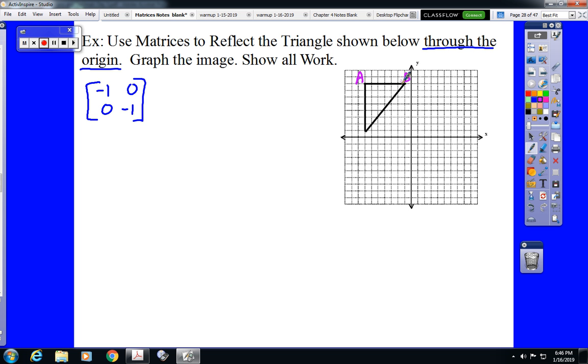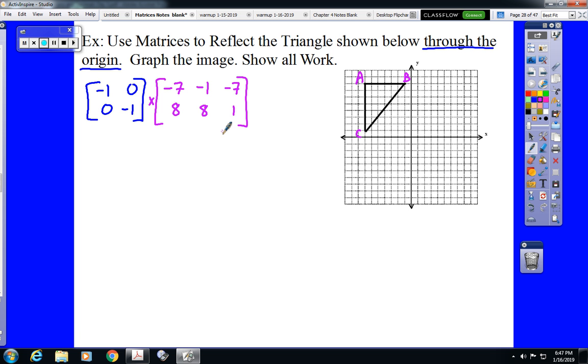So we label those points A, B, and C, and we generate a vertex matrix. A is located at the point -7, 8. B is located at the point -1, 8. And C is located at the point -7, 1.